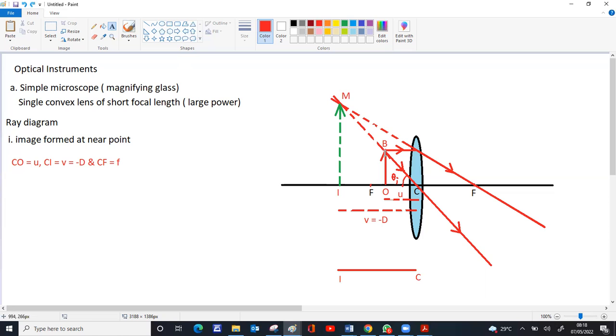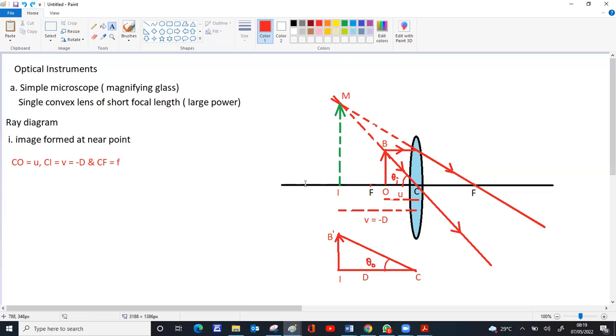The object will be transferred from this position to the near point. The angle subtended by the object placed at the near point should be taken again at the optic center of the lens or at the eye of the observer. So that angle is theta O.